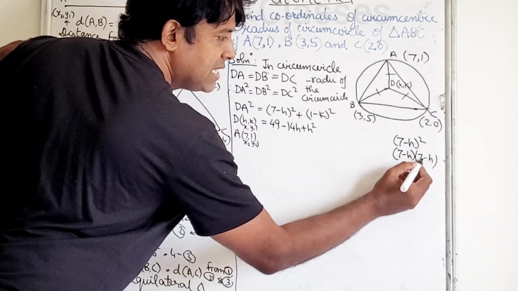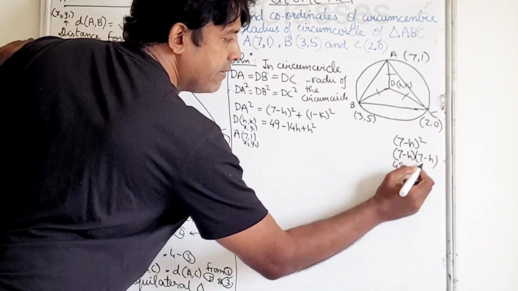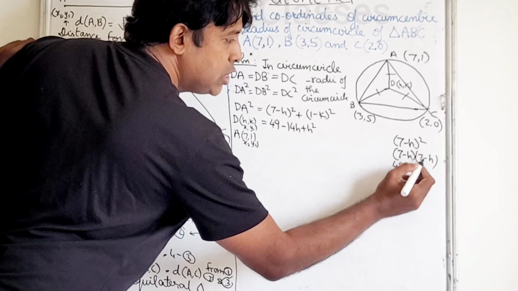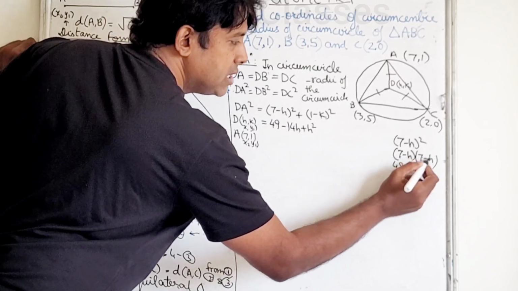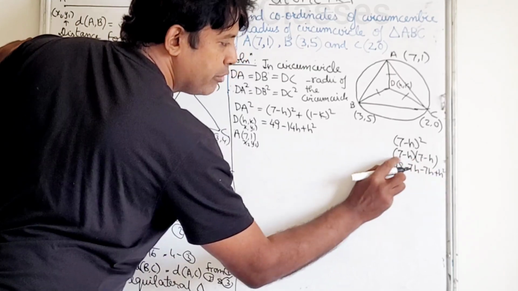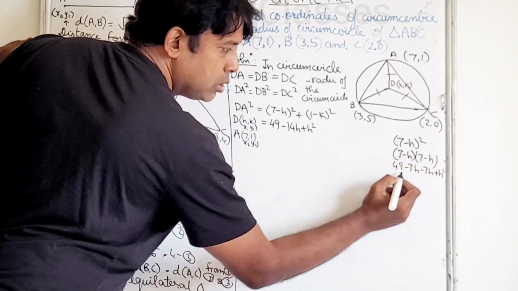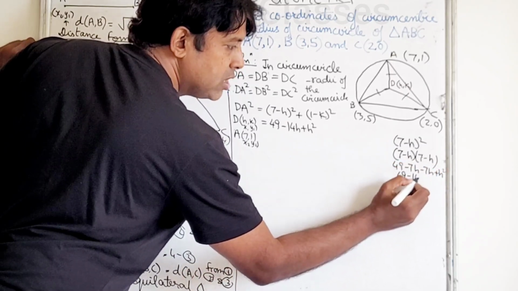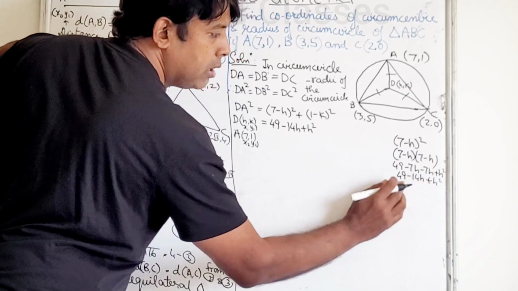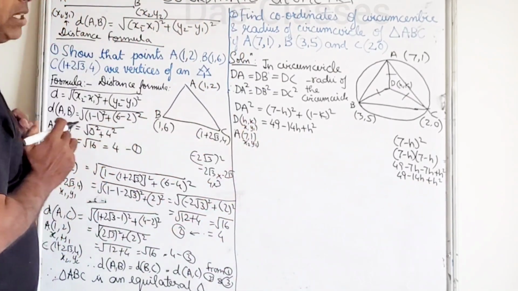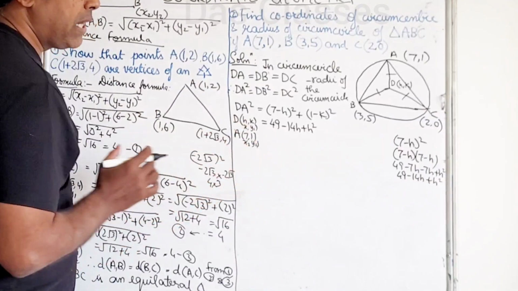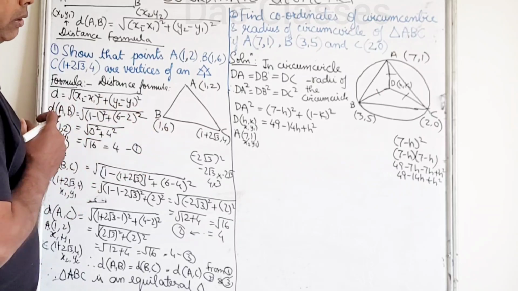So you multiply: 7 times 7 is 49, 7 into minus h is minus 7h, minus h into 7 is minus 7h, and minus h into minus h is plus h square. So first you multiply the first term with both terms and then the second with both terms. So you get 49 minus 14h plus h square. Bingo, you've got the same answer. Either way, you are going to get the same answer.